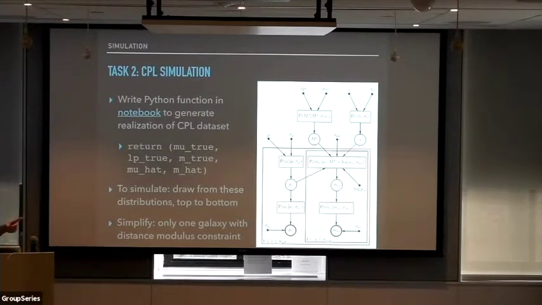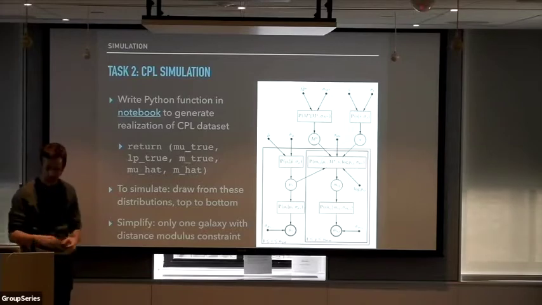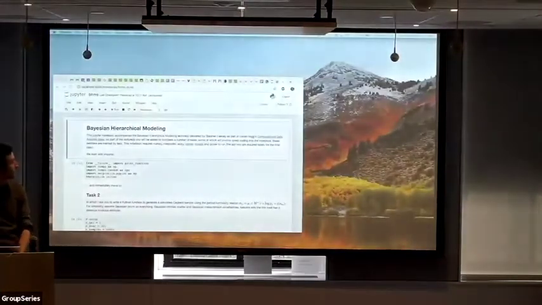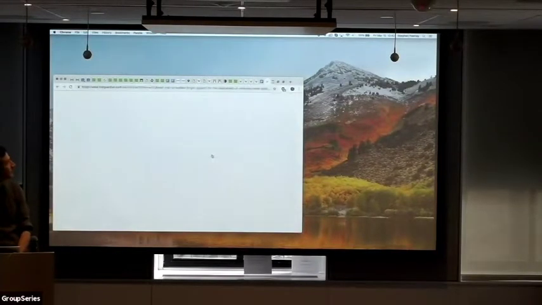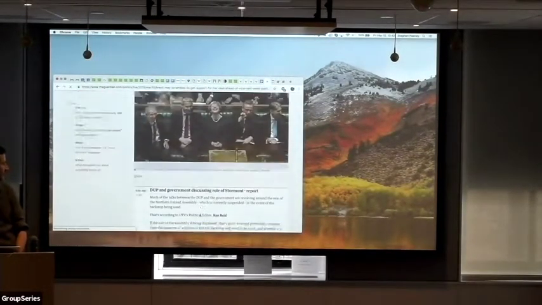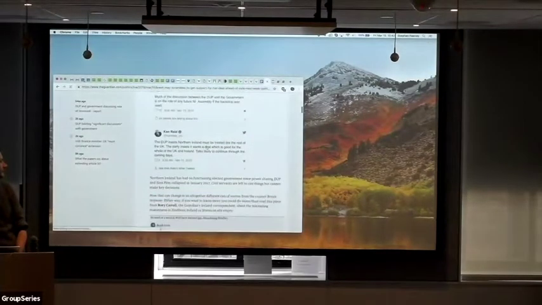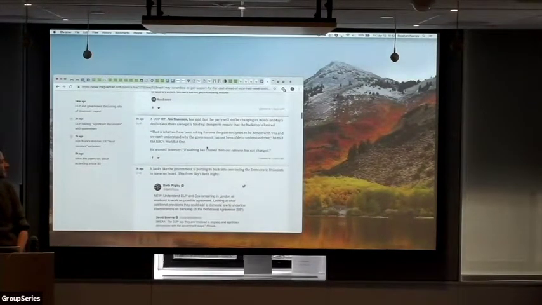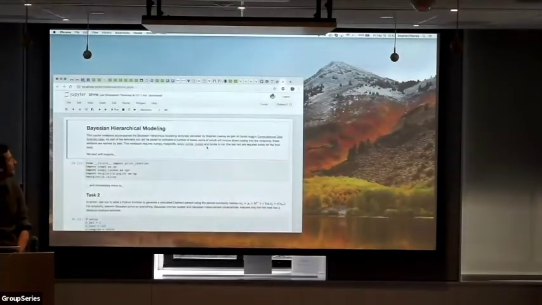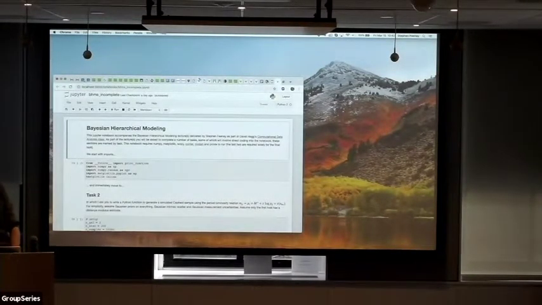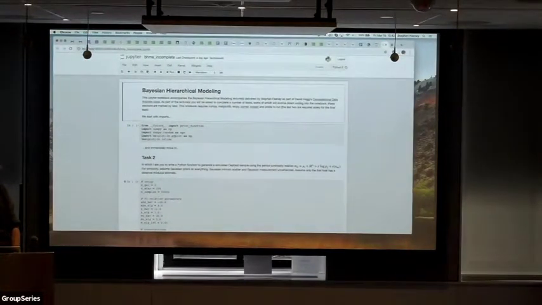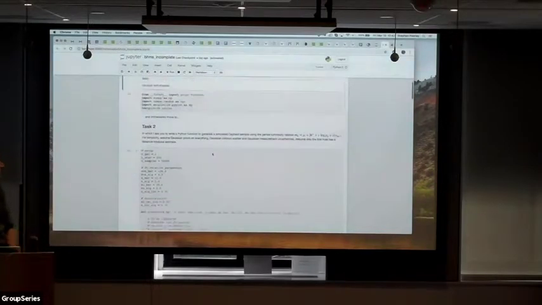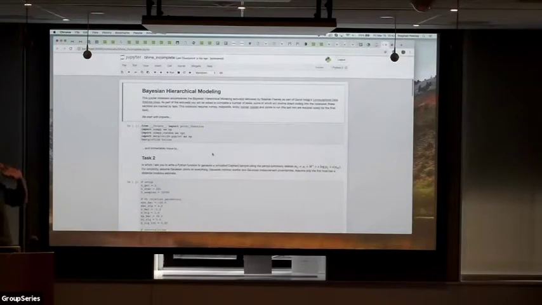So there's this Python notebook, which we can have a look at. There's this thing here, which should allow you to do this.